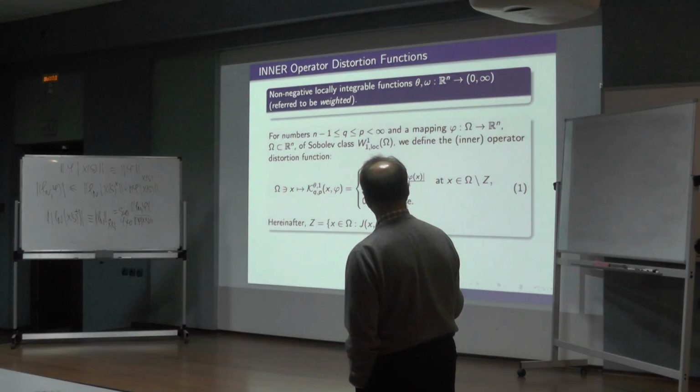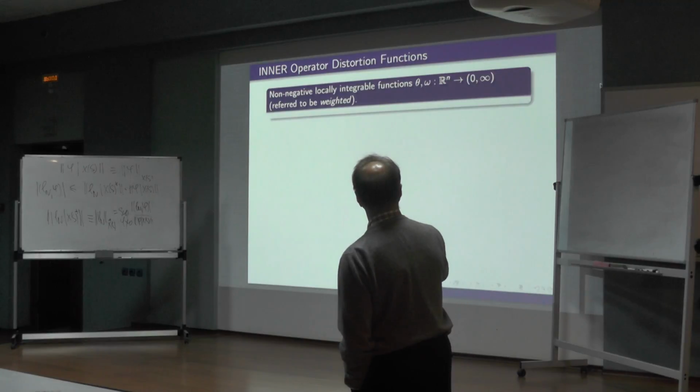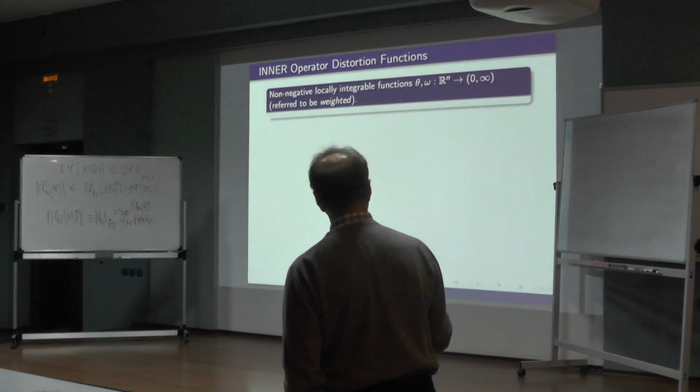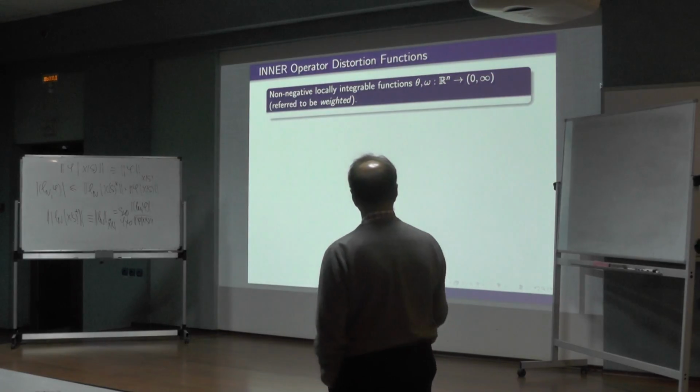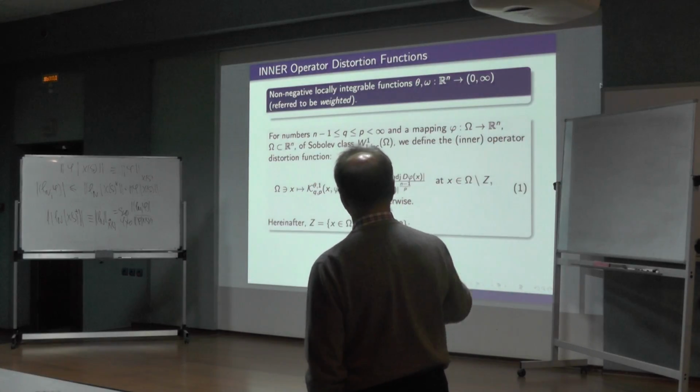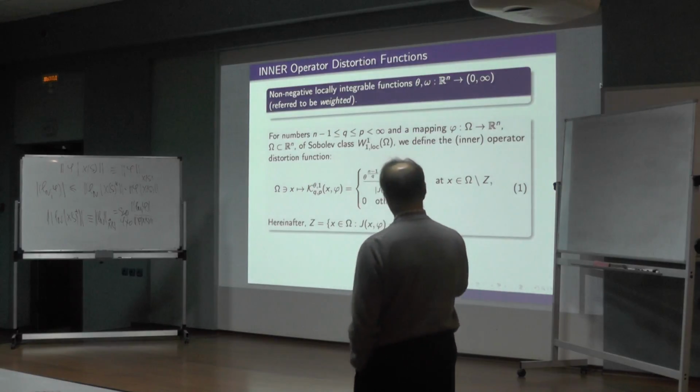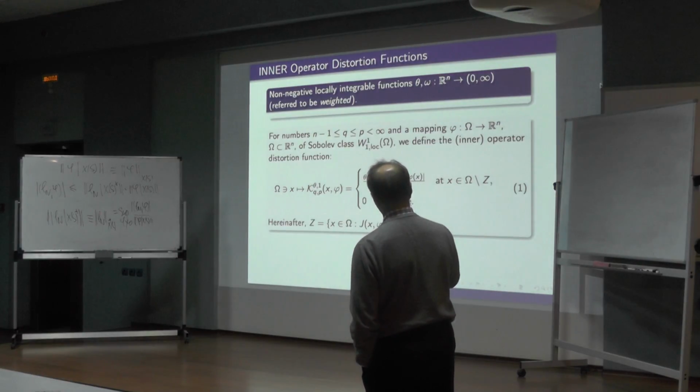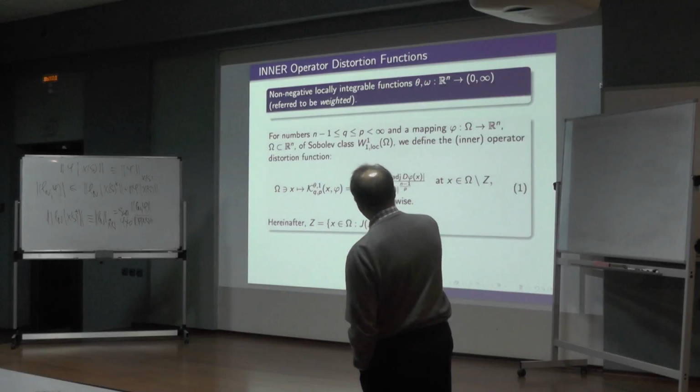Here, theta is some kind of weight function. It is supposed to be strictly positive almost everywhere, finite almost everywhere, and locally integrable. Then it's clear that if this function is identically equal to 1 and p equals n, then we have the definition given on the previous slide.